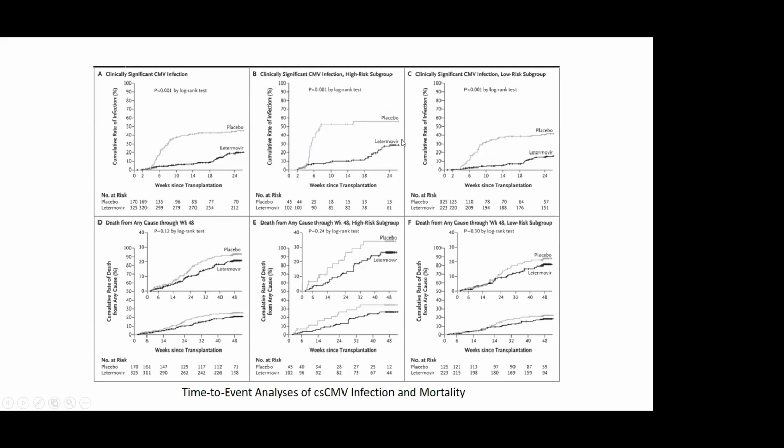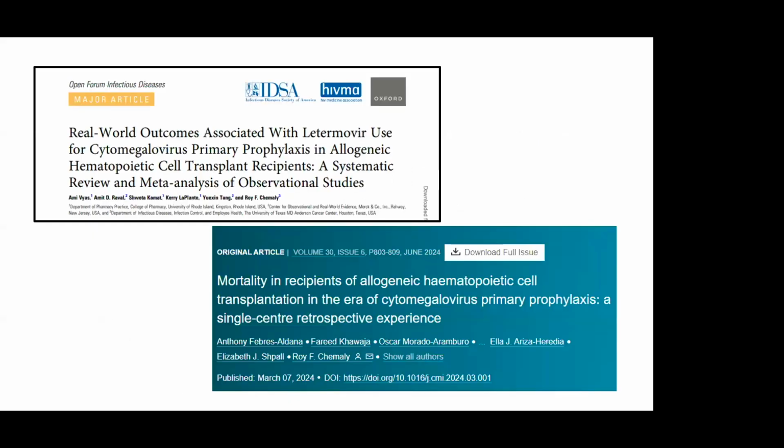Here, high risk groups, and here, low risk group. So somebody in the low risk group for CMV, the cumulative risk of infection with letermovir is much better and significantly different from somebody who had taken a placebo. On the basis of these results, the medication was approved by the FDA for prophylaxis.